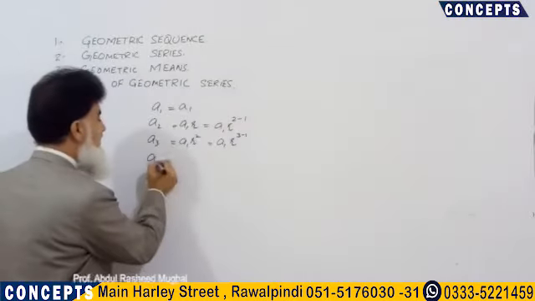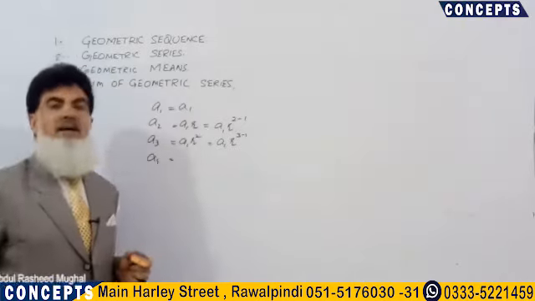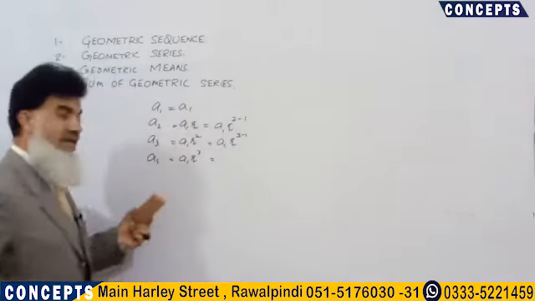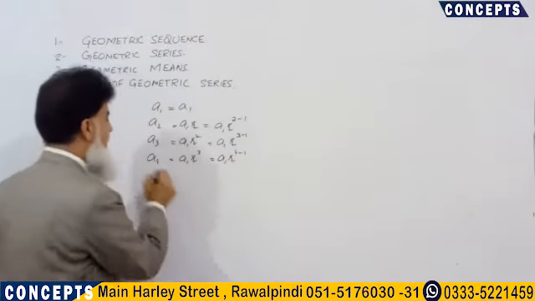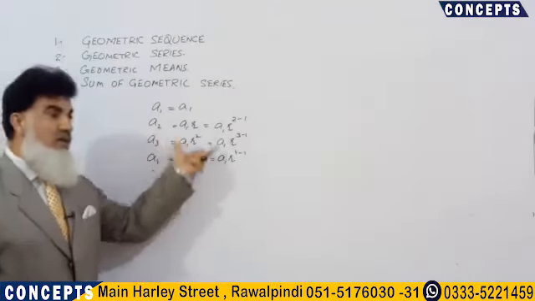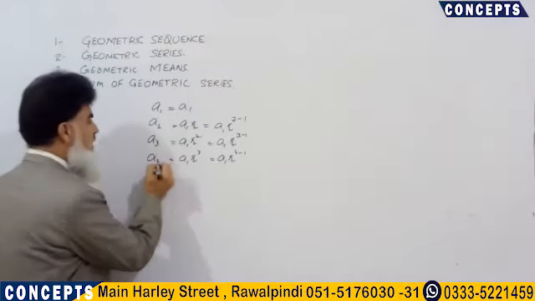To get the fourth term of the sequence, we have to multiply the third term by R, and you will get A1 R cube. Now this A1 R cube can be written as A1 R raised to 4 minus 1. Dear students, if you look at the pattern followed in the first four terms, we can easily come to this conclusion.